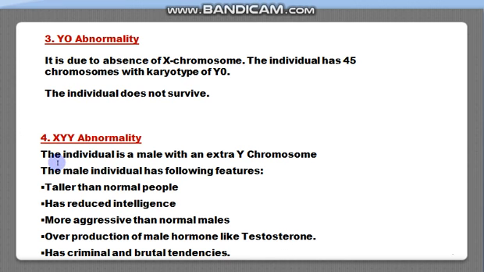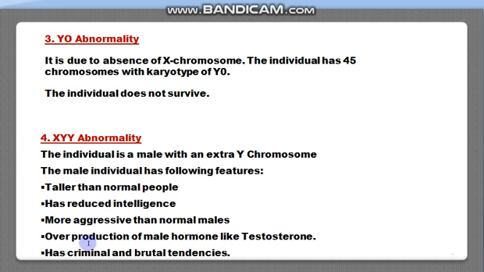The last chromosomal disorder is XYY abnormality. This individual is a male with an extra Y chromosome, so instead of XY there is XYY in the sex chromosomes. Such males are taller than normal people, have reduced intelligence, and are more aggressive than normal males.